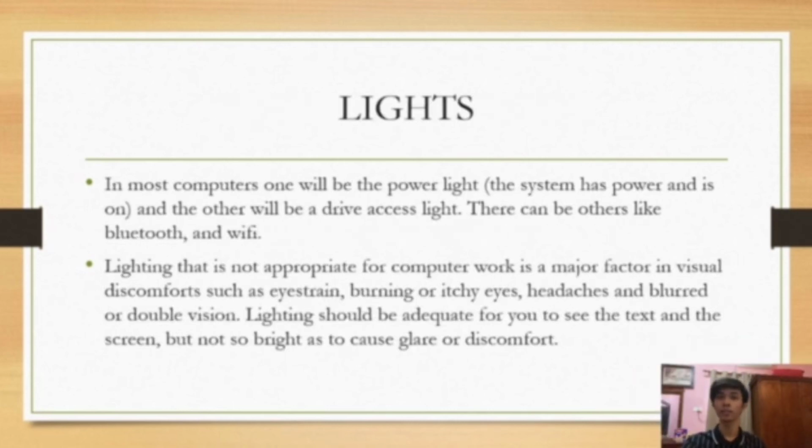Lights. In most computers, one will be the power light. The system has power and is on. And the other will be the drive access light. There can be other lights, Bluetooth, and Wi-Fi.